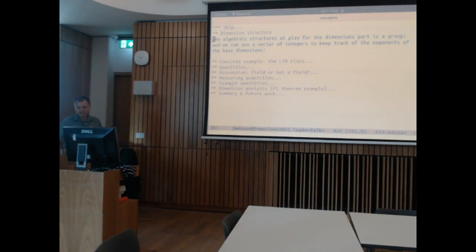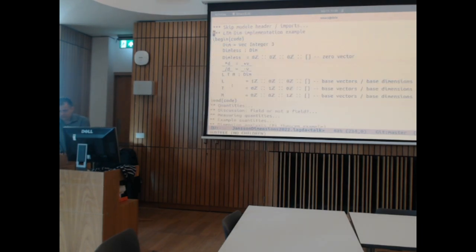That the algebraic structure space is an abelian group for the dimensions, and in practice, for example, if you use the LTM class of physical quantities, of physical phenomena, then we have 3 base dimensions for length, for time, and for mass. So we can represent this group by 3 sort of base vectors, L, T, and M. And I implemented that as a concrete example.